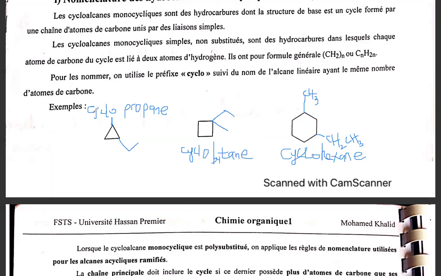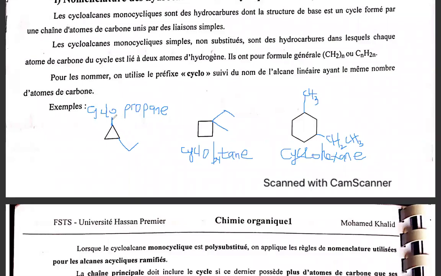If there are multiplication factors to apply, that is if you have 2 or more identical substituents, you apply them. In this case, the principal chain contains 3 carbon atoms, and we are calling it propane. Now, it's a cycle, so it will be called cyclopropane. That is what we built from, right?